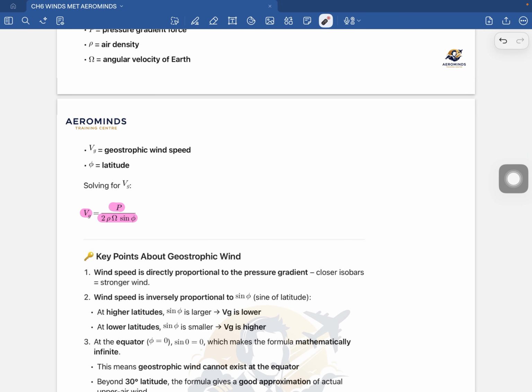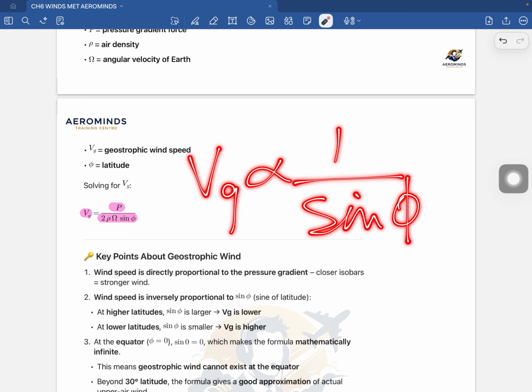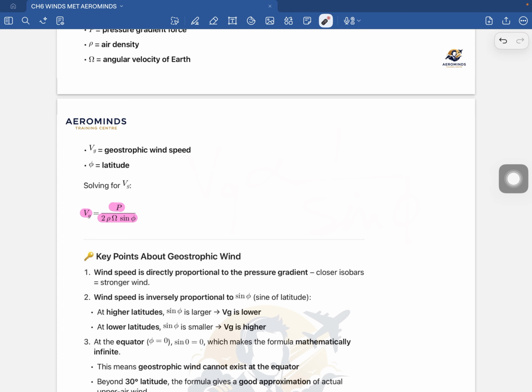Second, the geostrophic wind speed is inversely proportional to the sine of latitude. This is very important. At higher latitudes, sine phi is larger, near the North Pole or the South Pole.